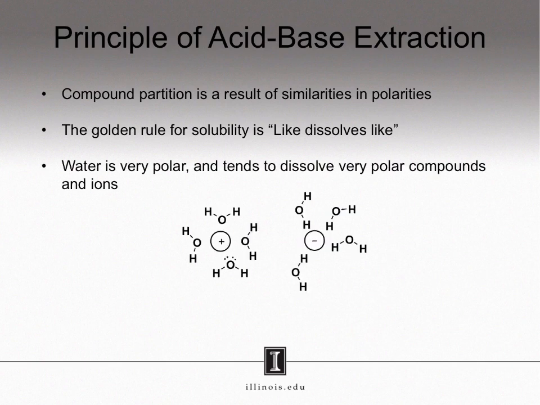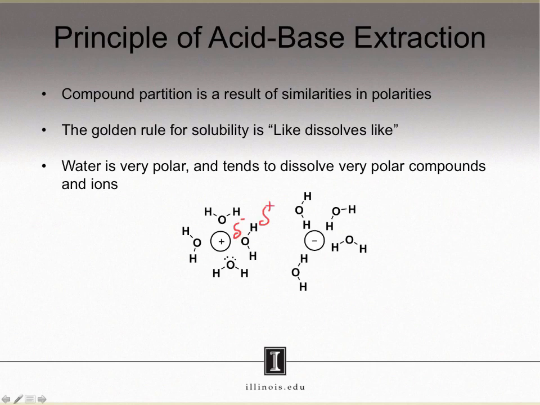We know that water is a polar solvent. Based on the golden rule that we just discussed, that means that polar compounds will prefer to dissolve in water. The reason for this, as you can see here in this diagram, polar compounds have partial charges. We know that in water, all of our oxygens are delta negative and all of our hydrogens are delta positive.